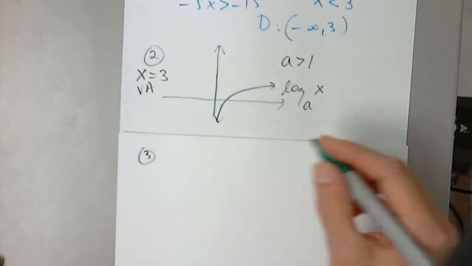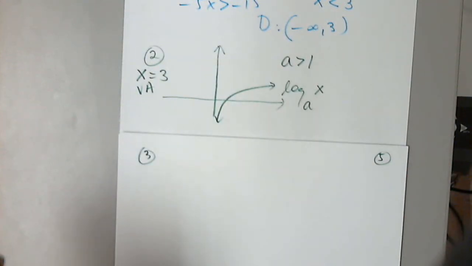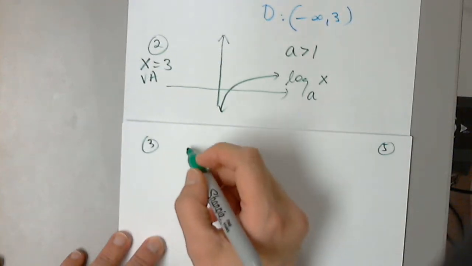And in number 3, they want us to determine the end behavior of this function.